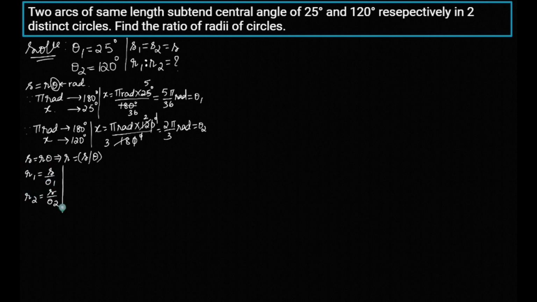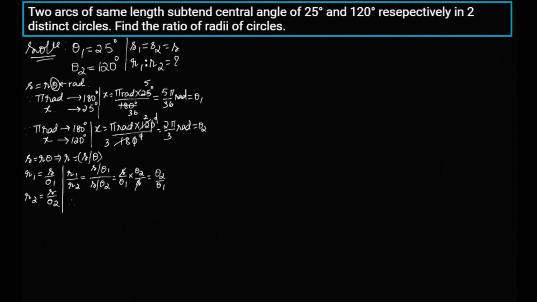Taking the ratio of these two equations, R1 divided by R2 is equal to S divided by theta 1 into theta 2 divided by S. S and S cancel out each other, so we get theta 2 by theta 1.